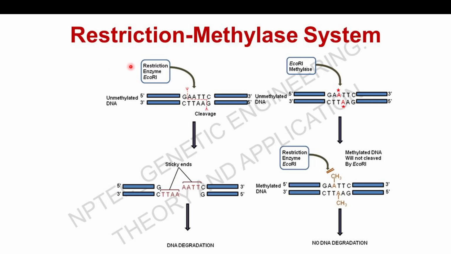Suppose this is an example of one restriction enzyme, EcoR1, which has a specific site where it can act. If the DNA strand has this particular sequence GAATTC, it will recognize it and cleave between the nucleotides G and A.